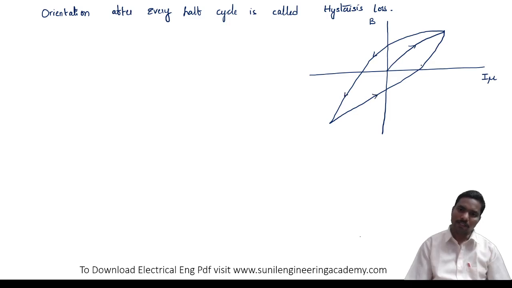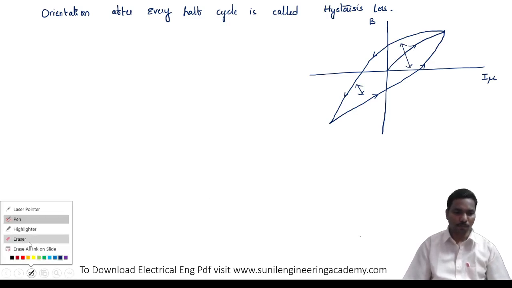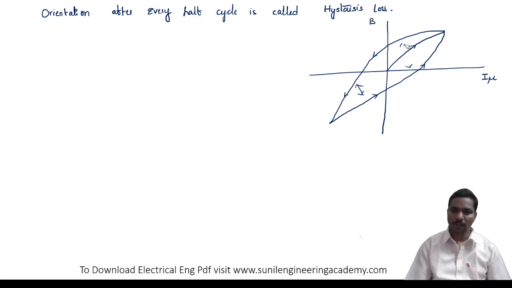That means here we have a loop. A loop is formed. This loop is nothing but the hysteresis loop. If the loop is very big, then losses are very high.